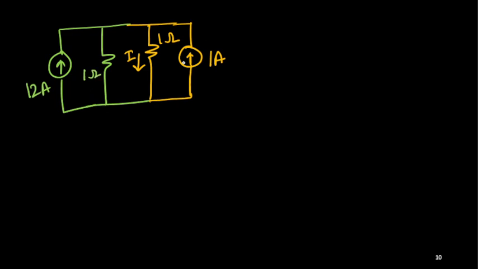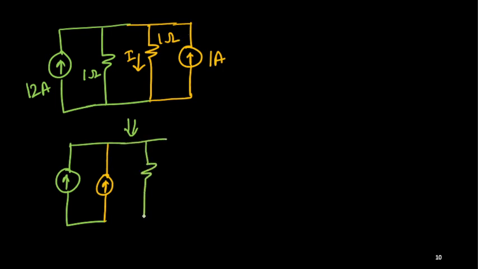Now you can see that I can rearrange this. All are connected in parallel, so why not keep these two current sources side by side. I can consider this current source and keep this one side by side, and then I can rearrange, keeping this resistance and that resistance.